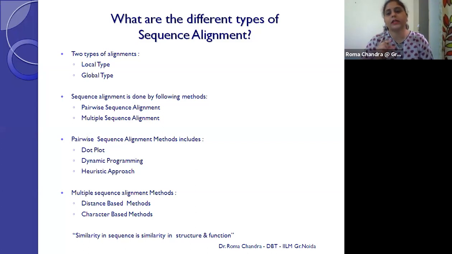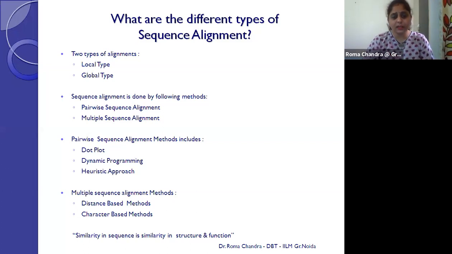We had already defined that these are the sections that we need to search for, and for our query sequence, we will extract those words and try to search these words from the sequences which are there in the databases. So when we are trying to search for similarity for our query sequence, we will try to align it with all the sequences which are already there in the database.